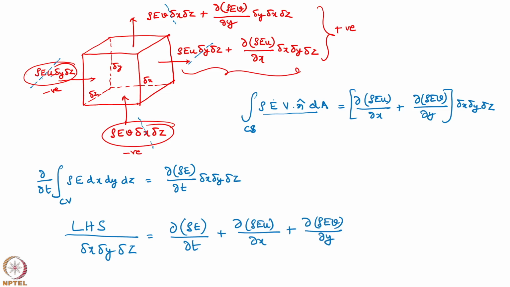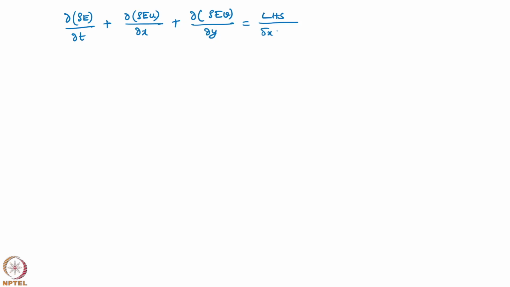Now we need to expand this. So, dou of rho E by dou t plus dou of rho E u by dou x plus dou of rho E v by dou y is equal to the LHS divided by delta x, delta y, delta z. Now let us expand this. I will keep rho constant first and then E constant.